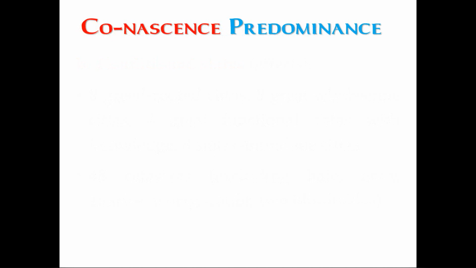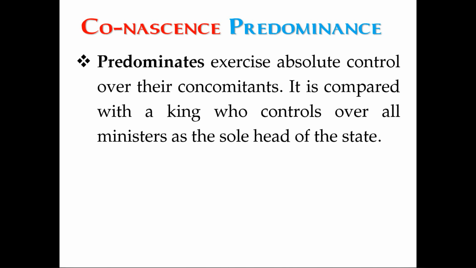Another one, cognitive predominance. Cognitive means connected with. Actually, before we learn this one, we have to go back to the previous chapter that talked about the 4 predominances, right?